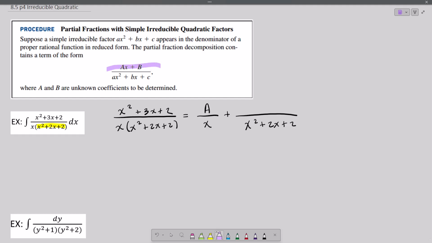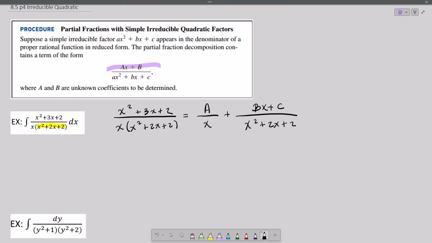Instead of the numerator being a constant, it is going to be a general linear expression. In this case, we'll call it bx plus c since we already used a. So the numerator for an irreducible quadratic is linear. The numerator for a linear is a constant.